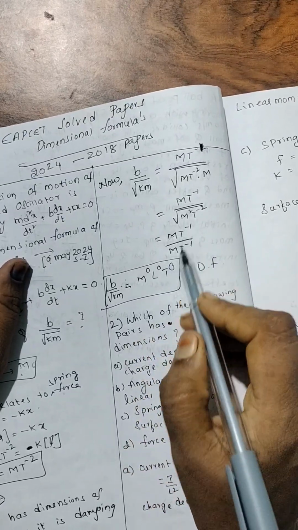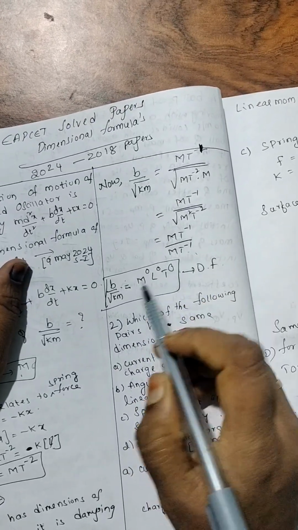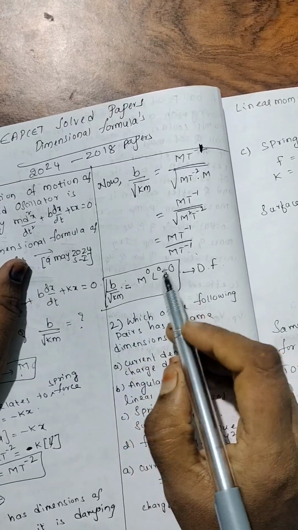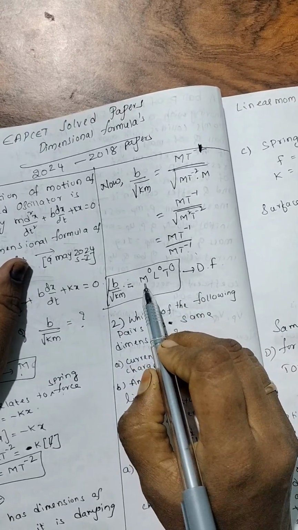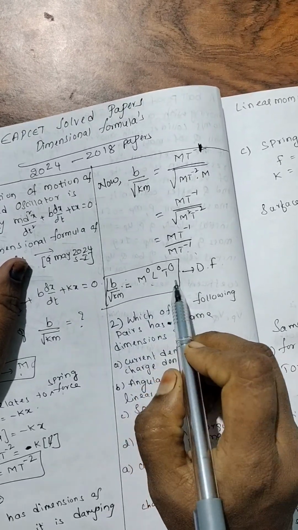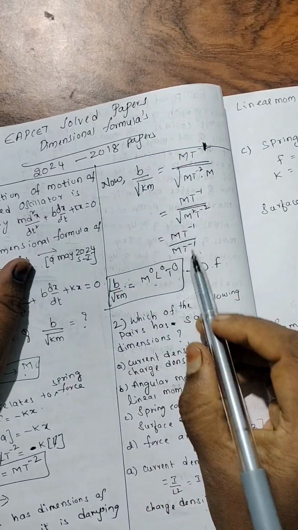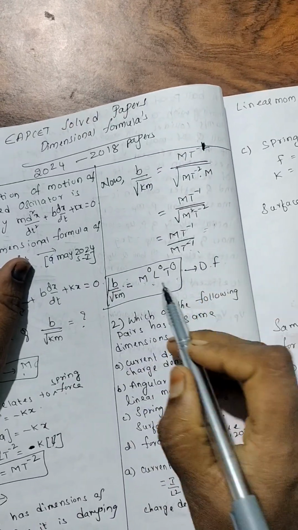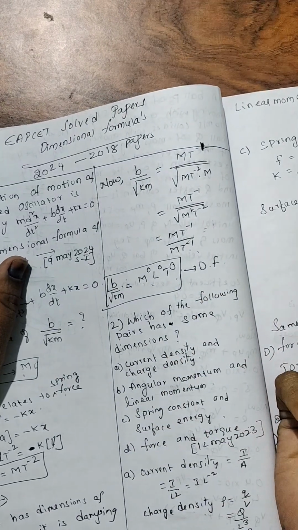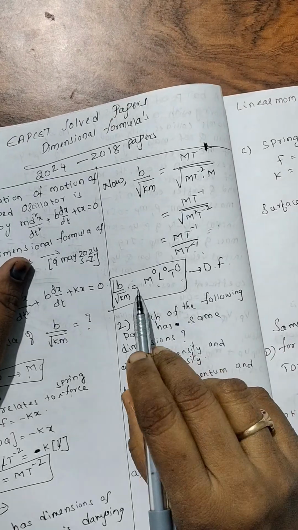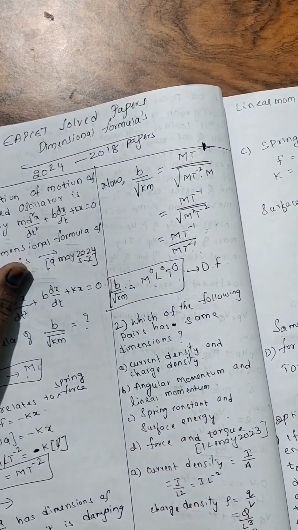So now this strikes off. So the dimensional formula we write as M^0 L^0 T^0, which is nothing but 1. So this is the dimensional formula for b by root km.